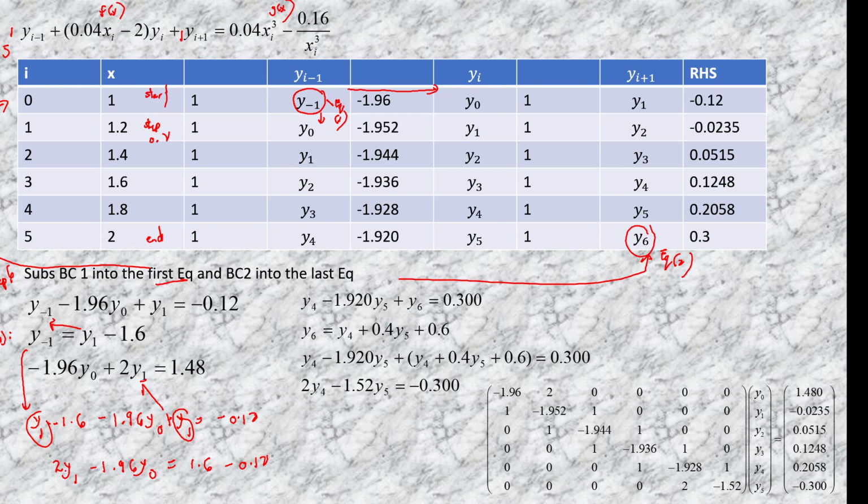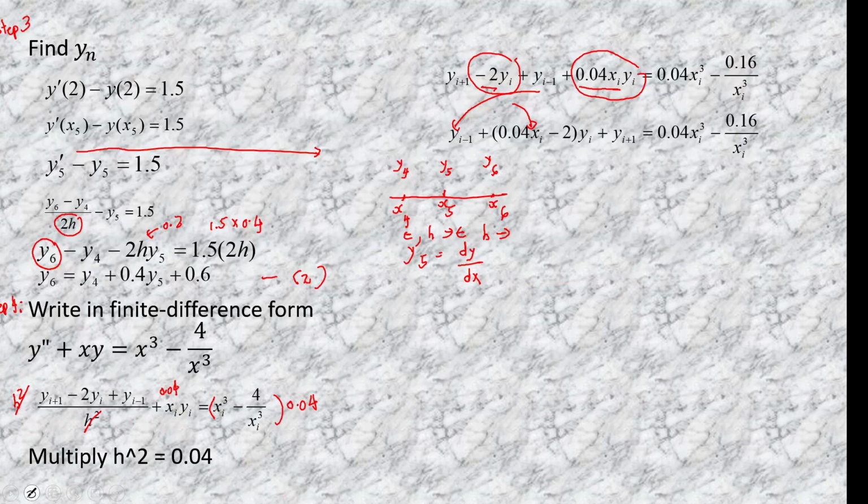So the total is 2y1 minus 1.96 y0, and negative 1.6 you bring to the right hand side, so it becomes positive 1.6 minus 0.12. So you obtain 2y1 minus 1.96 y0 equal to 1.48. So this is the new equation 1.